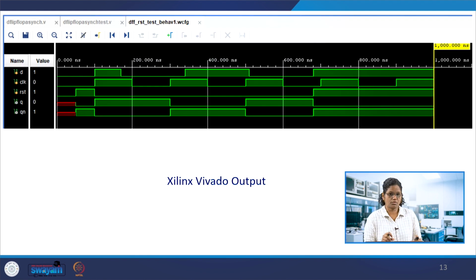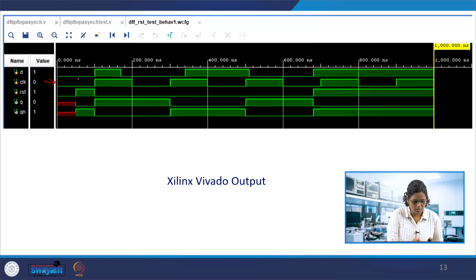Getting to the output, the clock, you can see this is 0 1, again 1 0 1. You can see the clock edge, which is the passage of the clock.